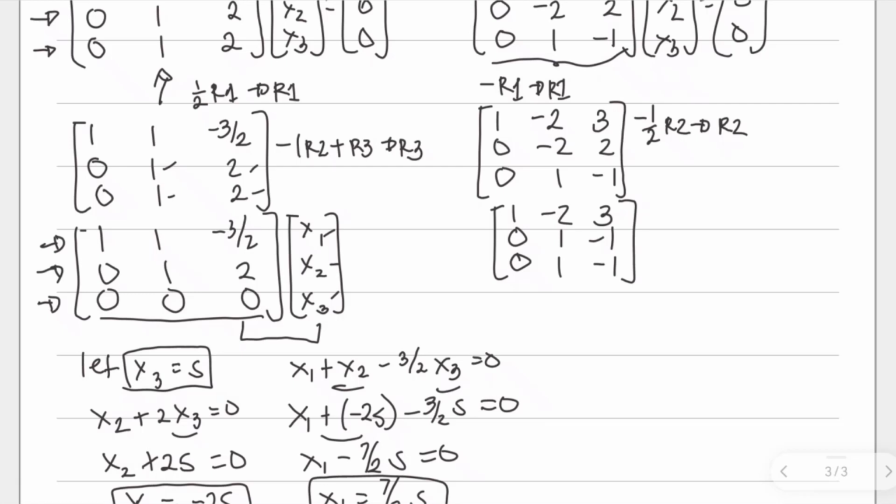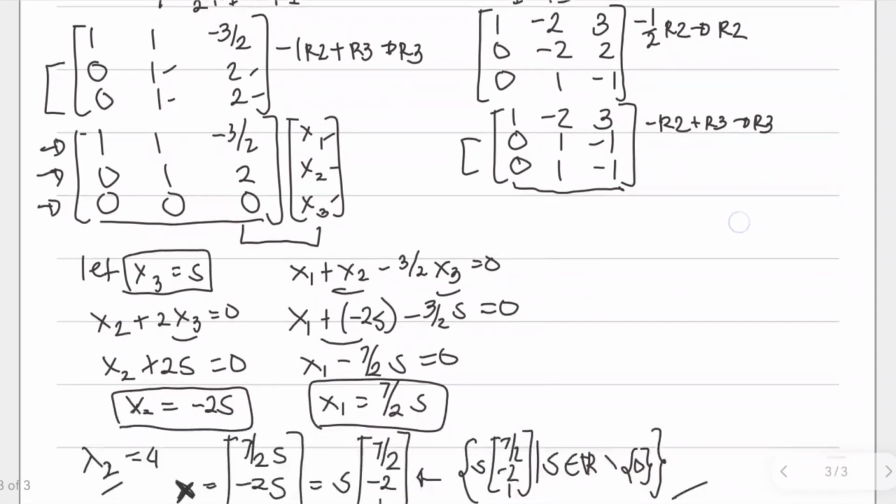Notice, same as earlier, you have here rows of the same entries. So you're expecting that 1 is already an arbitrary constant, or even you will come up with a row of 0 here. But to illustrate, let's try to multiply negative 1 to R2 plus R3 for a new R3.